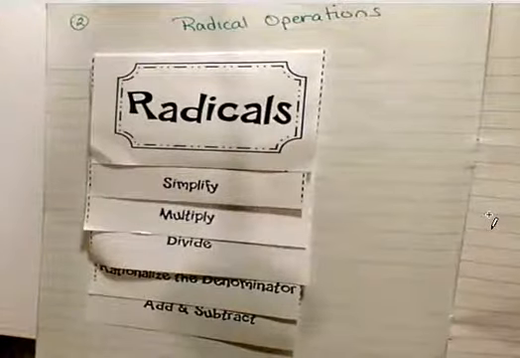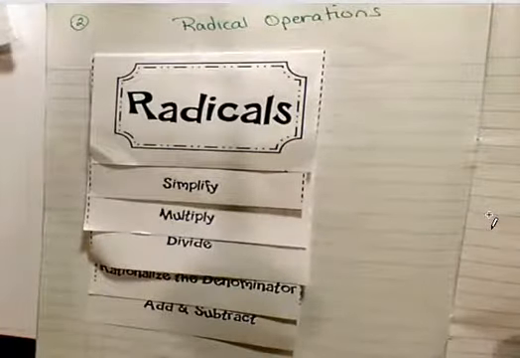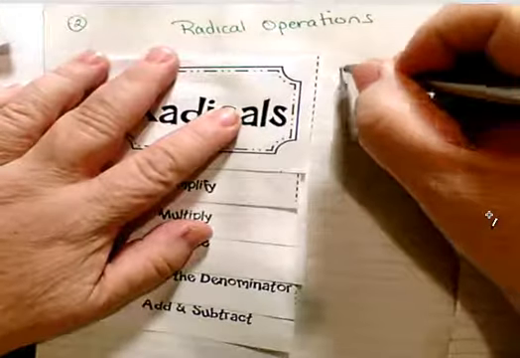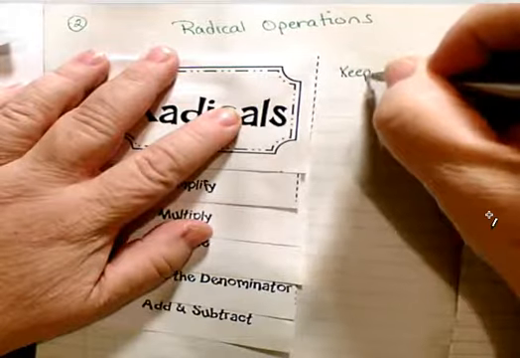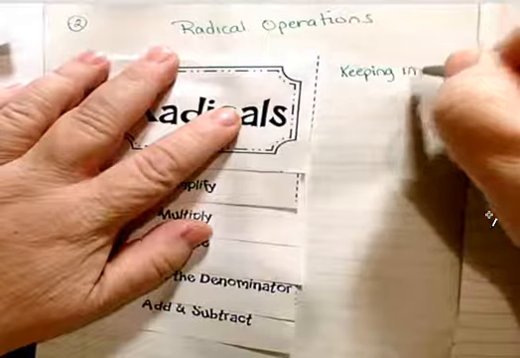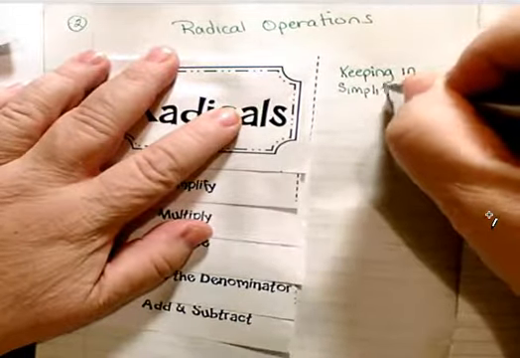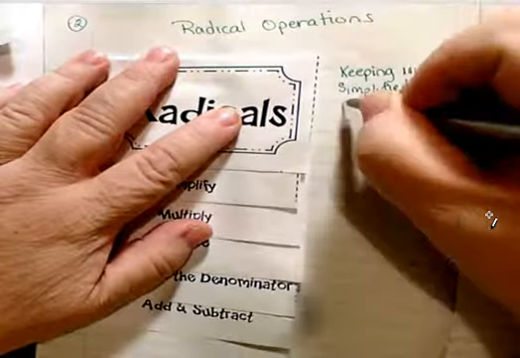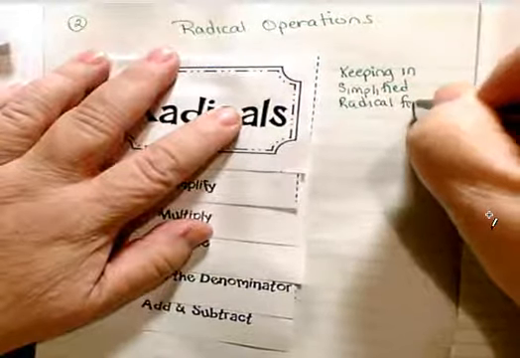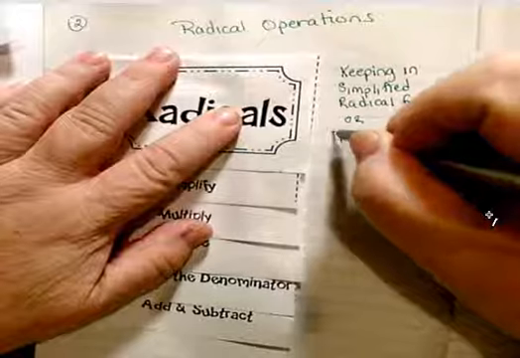Now, when you use radicals, the thing you want to look for is when they ask you to keep something either in simplified radical form, which may be asked for. You're going to write this over to the side. Or if they ask for the exact values.